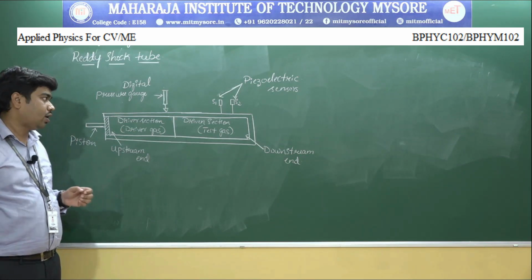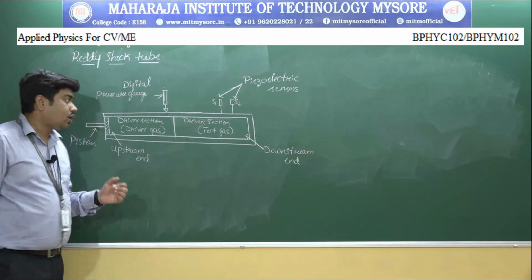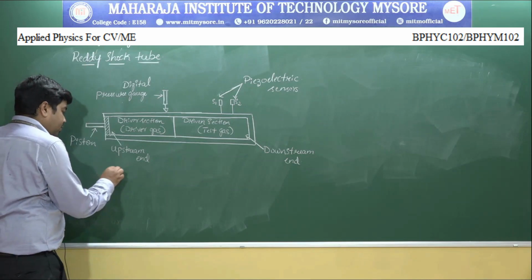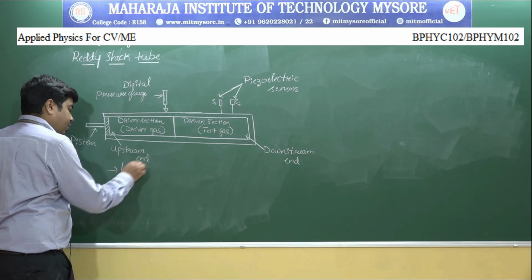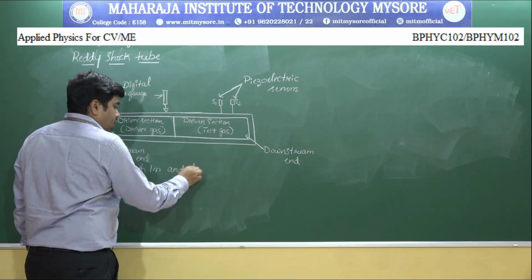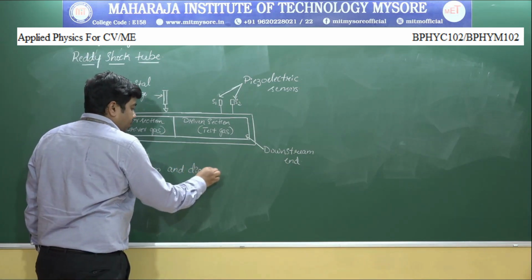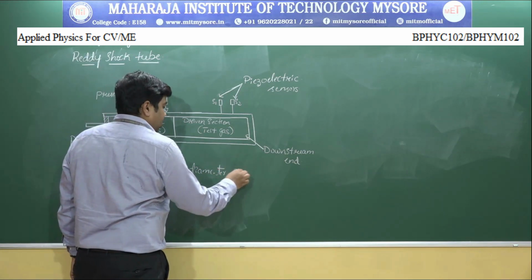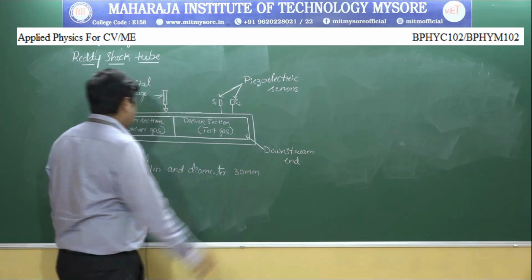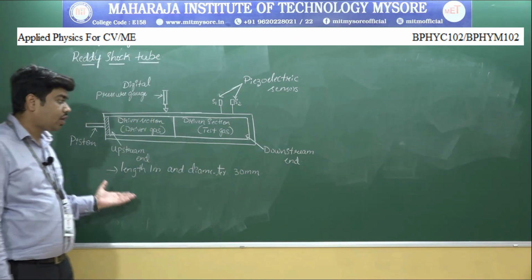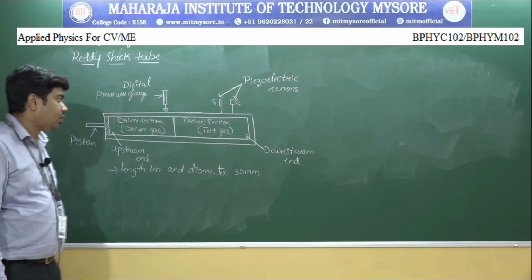Reddy shock tube consists of a cylindrical steel tube of length 1 meter and diameter 30 millimeter. It is a cylindrical steel tube which has a length of 1 meter and diameter of 30 millimeter.